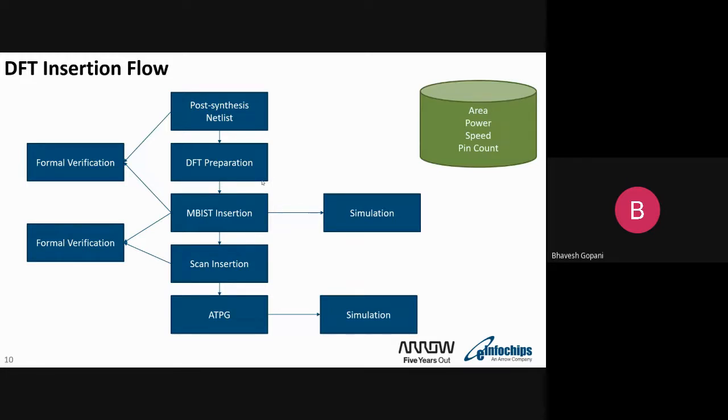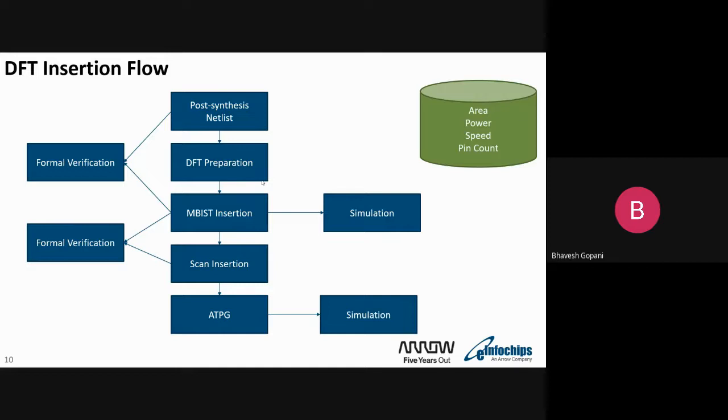Another thing is, what are the chip requirements? Is it power hungry, or is it a low power design? Sometimes area is also important, because a certain limitation is there, so we can't go beyond that number of square millimeters. Those kinds of considerations we need to keep in mind, and we need to architect the DFT first, identify which architecture I should use and what things I need to keep in mind.